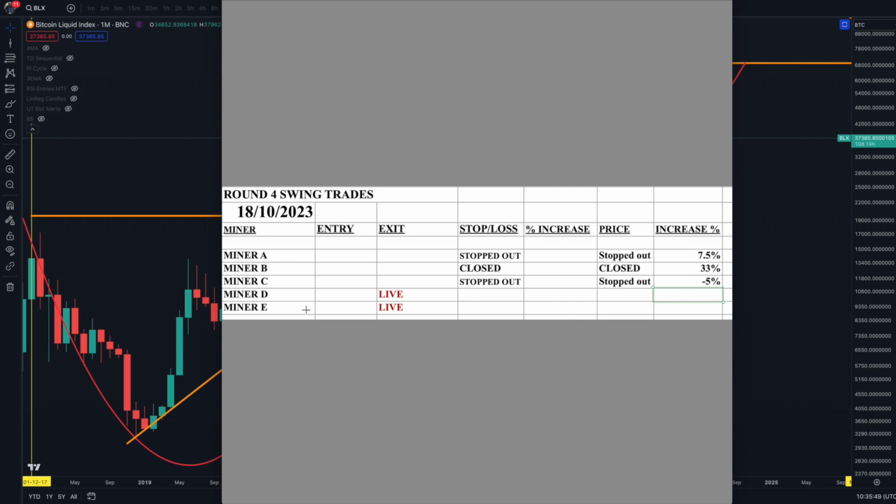And then on Friday we did start another new live trade which has an upside of around about 30-40%. And this week there is another one that I will be starting, which I'll be sharing with the Bitcoin Miners Club, which has a potential for about 60%. And obviously this is swing trading, and there are no guarantees in there, but so far we've done really well since we've been doing these swing trades since April this year.